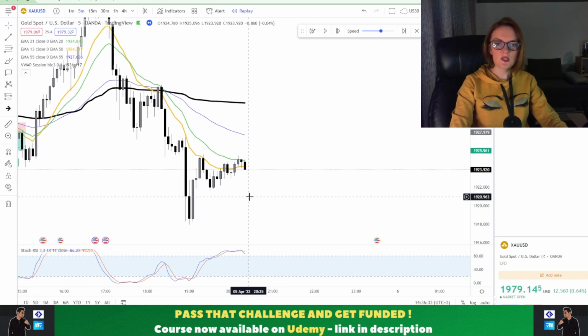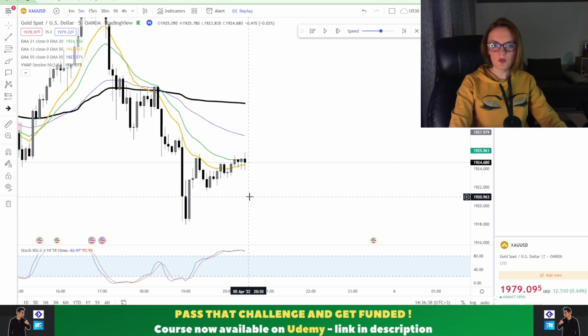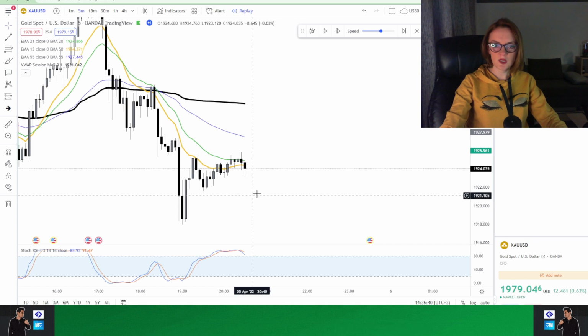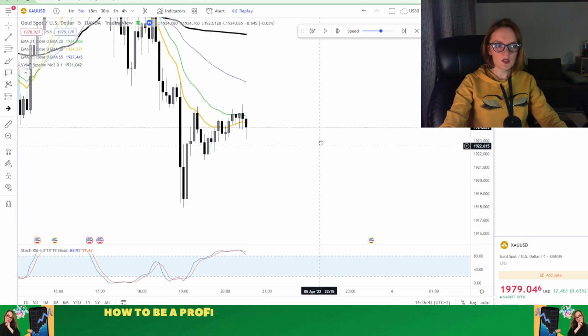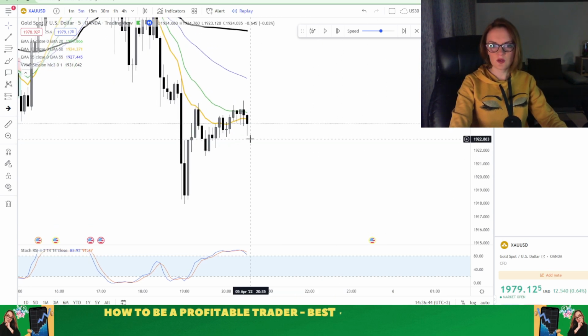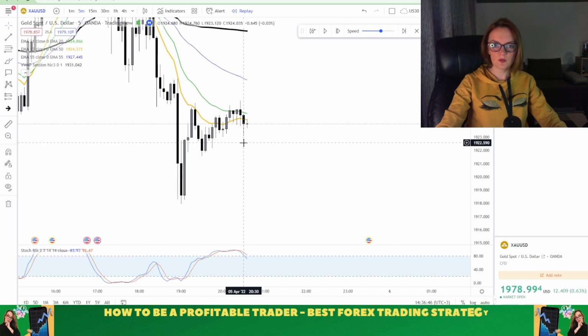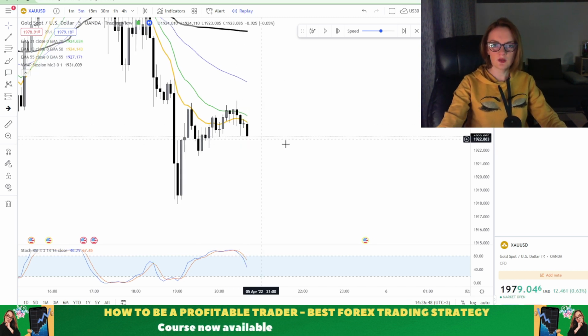Alright, so the stochastic is in the right place, and we have to wait for a nice pullback from the EMAs. This is still not a nice pullback because there is a strong rejection from the downside.